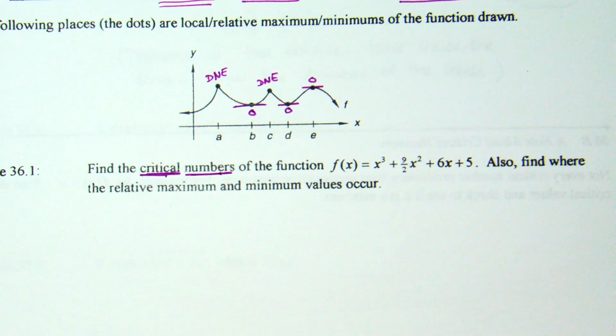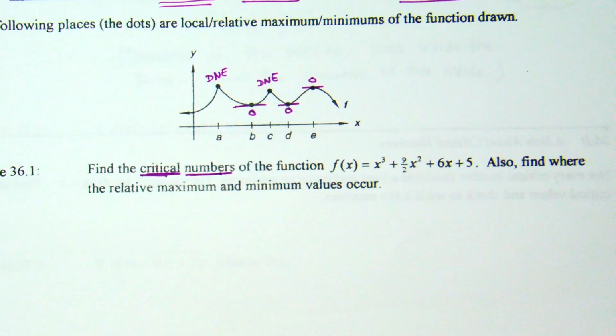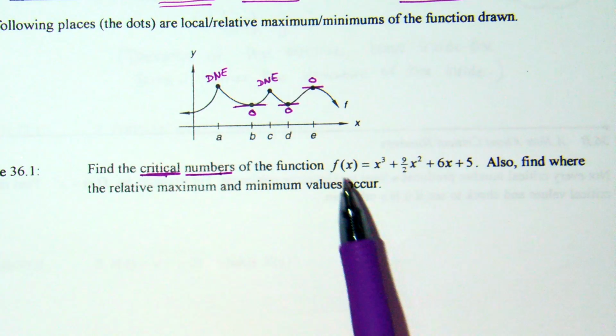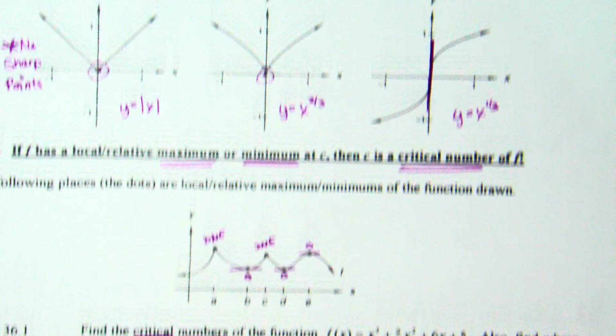Critical numbers. What do we say about critical numbers? Where do they occur? Critical numbers occur where either the derivative equals 0 or does not exist. Okay, so take the derivative, not plug in 0, but set it equal to 0.